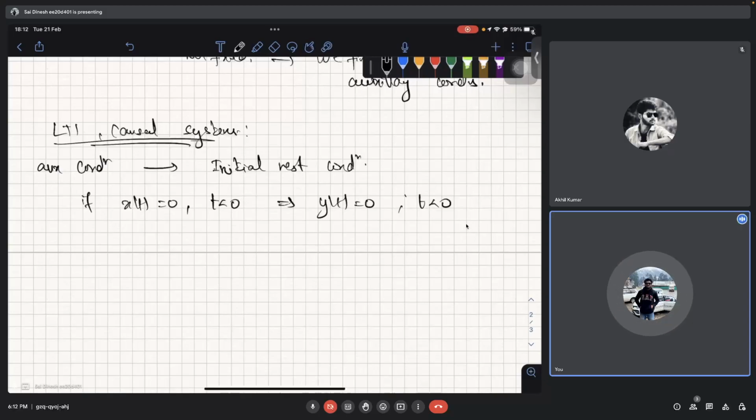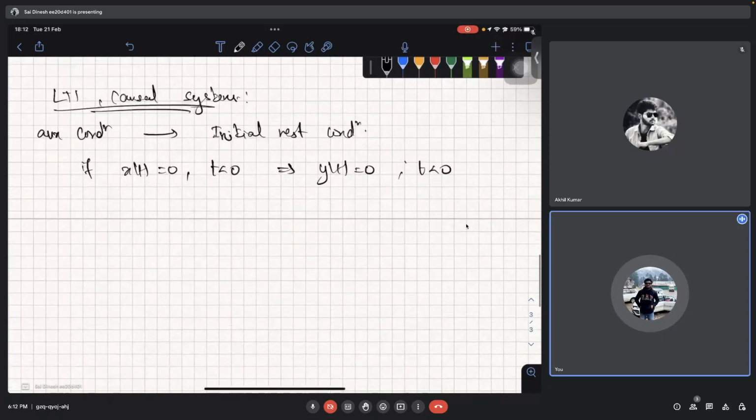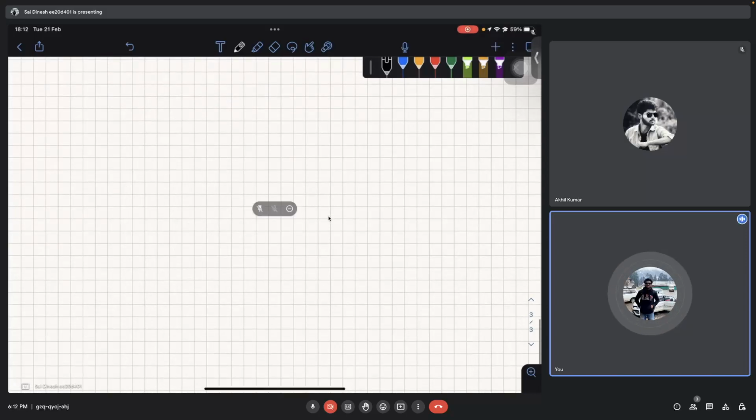This is known as the initial rest condition. This is for the causal part, but usually we can say that if x of t equal to 0 for t less than t naught, then y of t equal to 0 for t less than t naught. So that is another form of the initial condition.